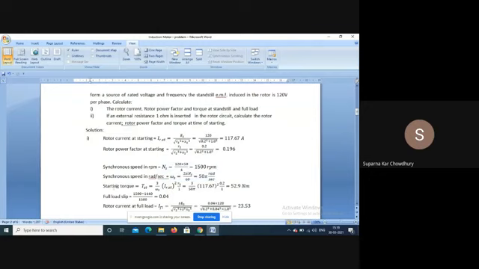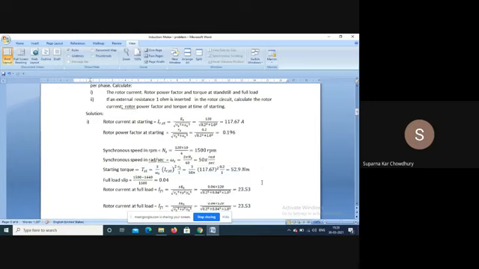Now starting torque is equal to 3, because this is a 3-phase machine, divided by omega s into I starting square into R2 by 1. The starting slip is 1. So 3 by 157, 117.67 square, 0.2 by 1. So it is 52.9 Newton meter.